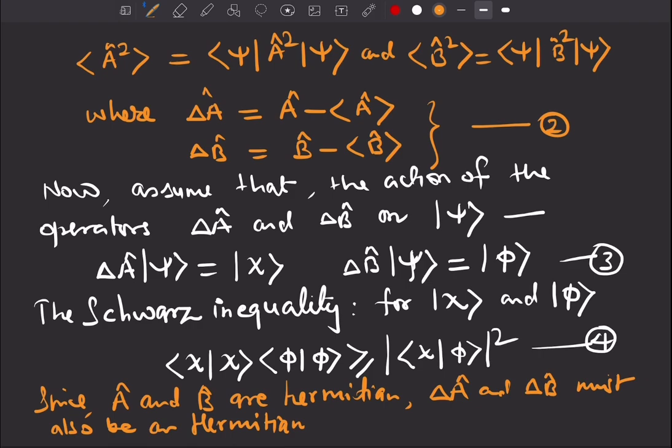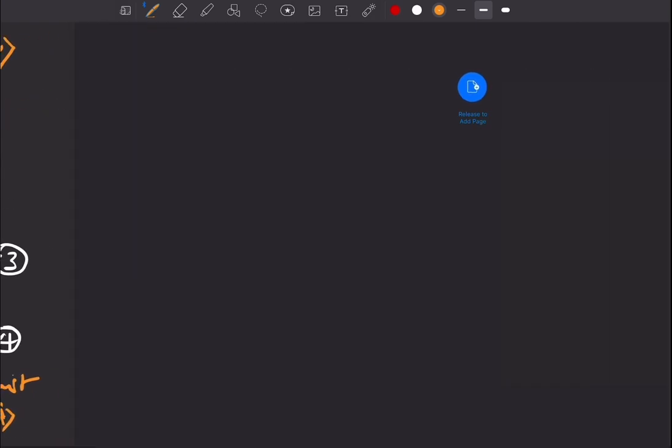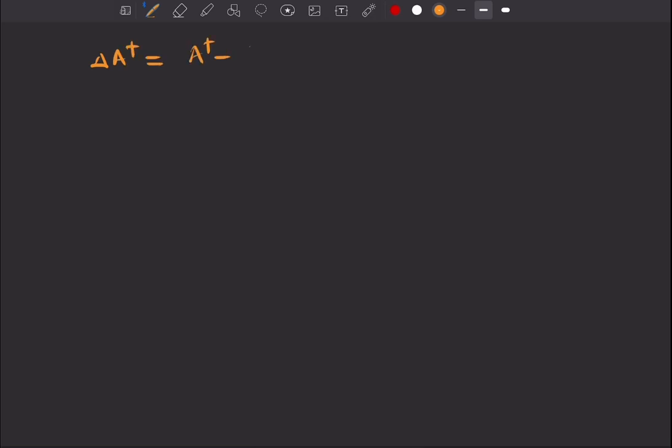So that delta A dagger is equal to A minus expectation A dagger, which is A dagger minus expectation A, which is equal to A minus expectation A, which is nothing but delta A. Therefore, we prove that delta A is Hermitian.